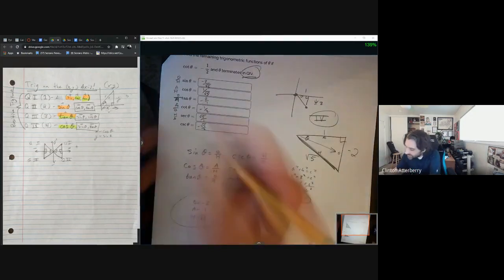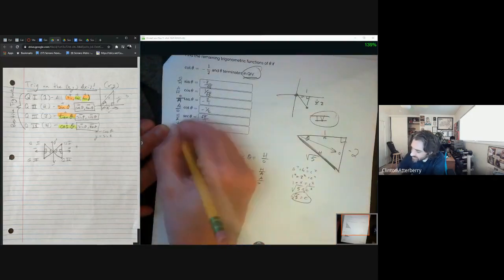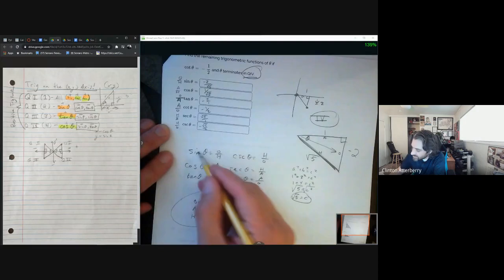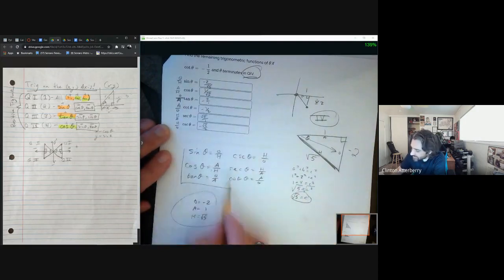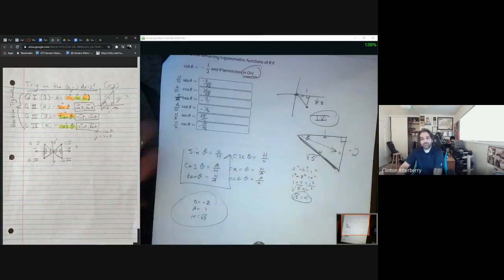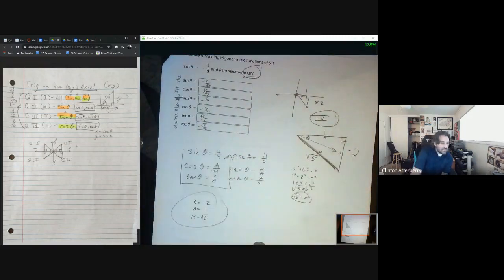Oh, cosecant, once again, was hypotenuse over opposite. It kind of frustrates me because usually we write it like this, where it goes sine, cosine, tangent, cosecant, secant, cotangent. But they did some weird thing where it went sine, cosine, tangent, cotangent, secant, cosecant. It's kind of a weird order, but I usually go this way. That's how I usually see it.